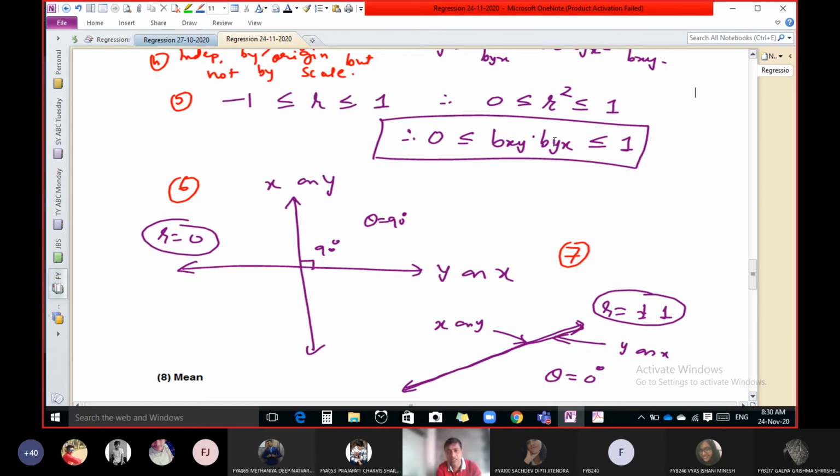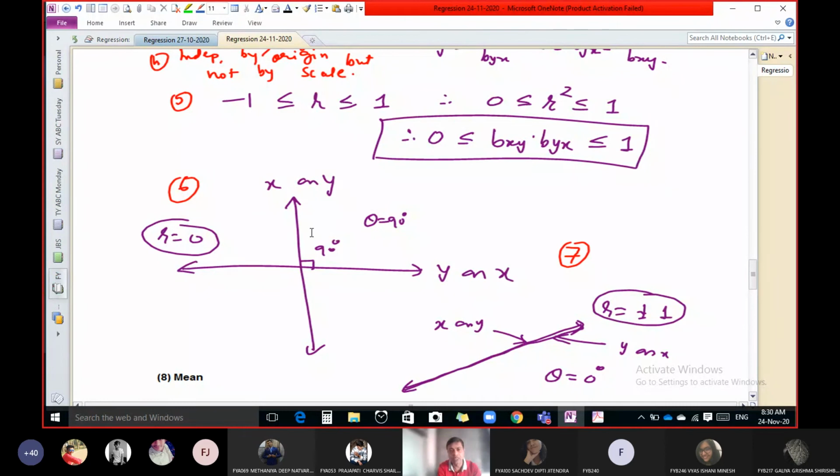If this is 2 and this is 5, then 2 5s are 10, so it is not between 0 and 1. That is why two regression coefficients cannot be more than one simultaneously. They can be less than one simultaneously, or if one is more than one, the other one should be less than one in such a way that the multiplication of them should be less than or equal to 1.